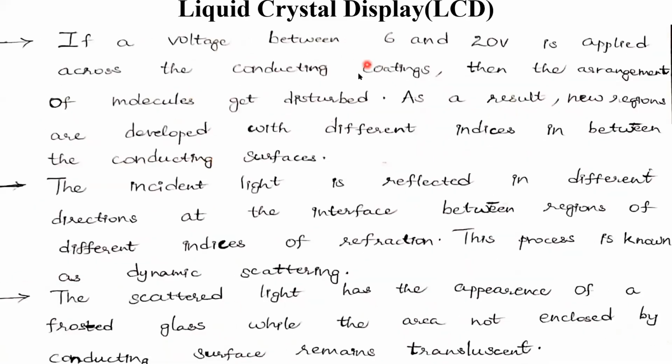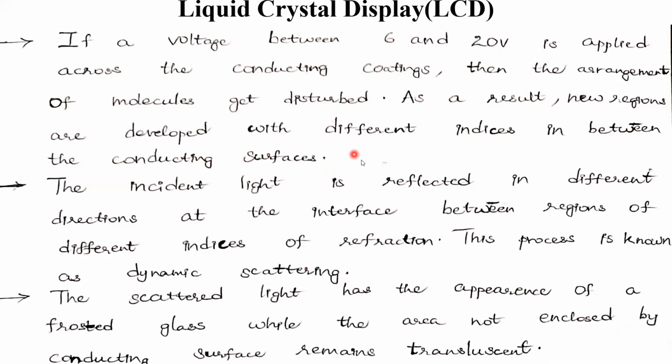If a voltage between 6 and 20 volts is applied across the conducting coatings, then the arrangement of molecules gets disturbed. As a result, new regions are developed with different indices in between the conducting surfaces.